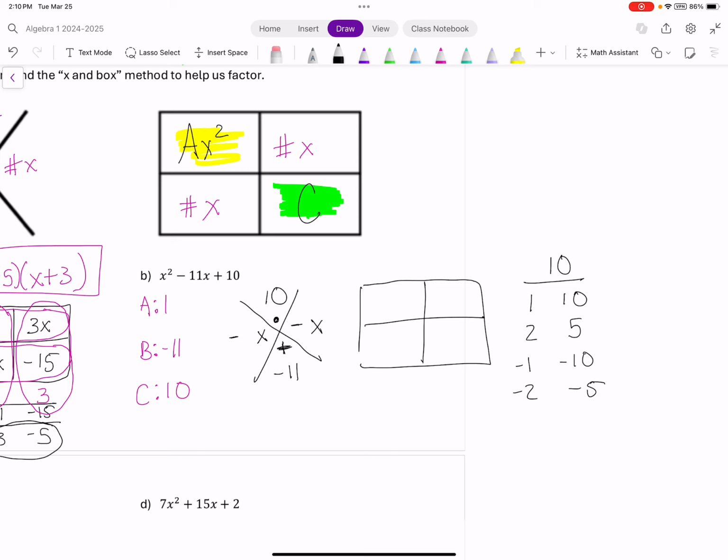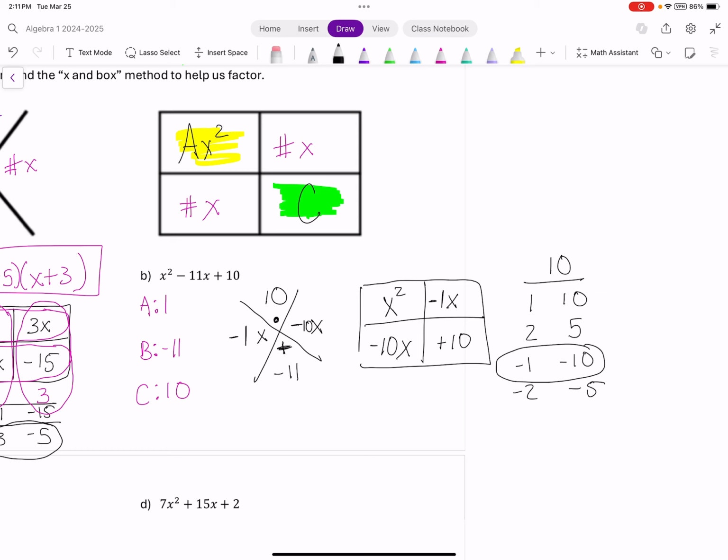So the combo of those that adds to negative 11 is this one right here. So I'm going to have a negative 1x and a negative 10x. So now inside the boxes, the first box is your first term, so x squared. The last box is your last term, positive 10, and then the other two come from those two on the x, so negative 1x and negative 10x.